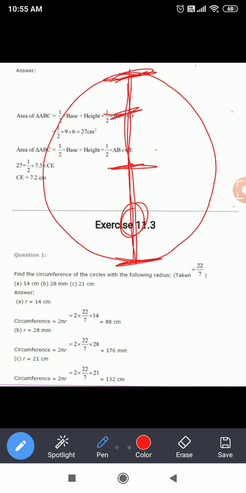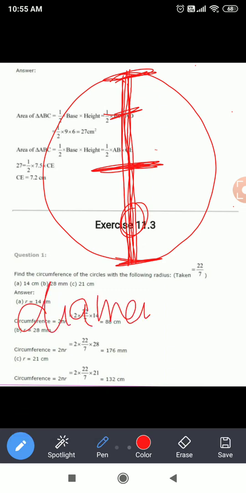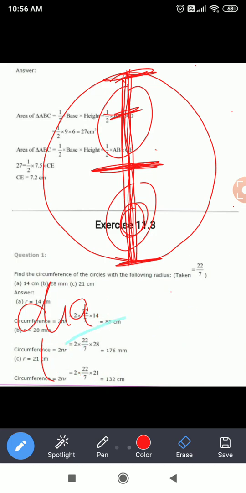So this straight line crossing through the center is the diameter. It is denoted by a small d. It is equal to 2 multiplied by the radius, because in it 2 radii will come. So diameter is twice the radius.